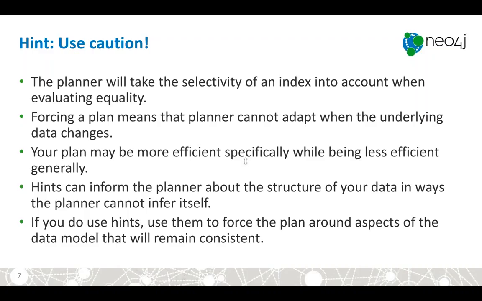And if you do use hints, use them to force a plan around aspects of the data model that will remain relatively consistent. So plan for change and keep in mind that these hints that we're using are generally only going to be applied to the top 1% of your queries that you're really trying to get the most performance out of.